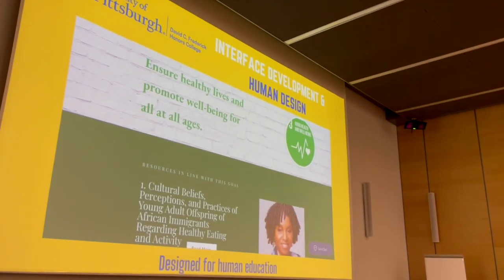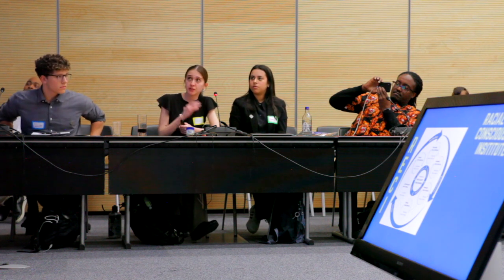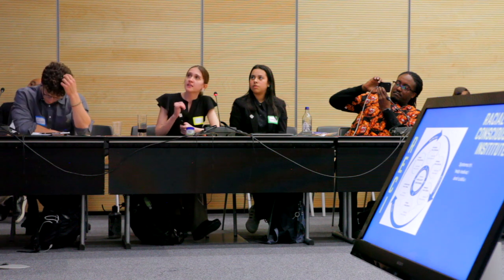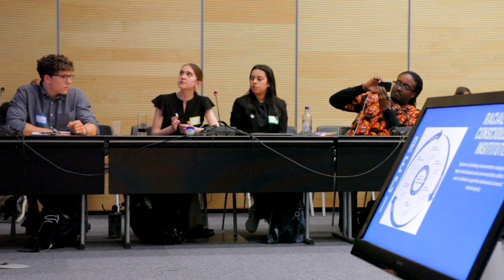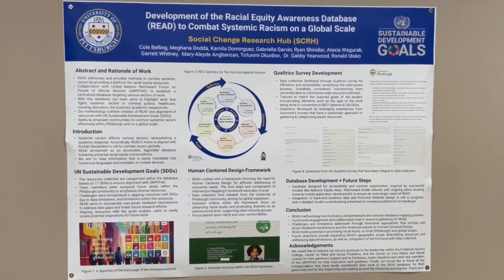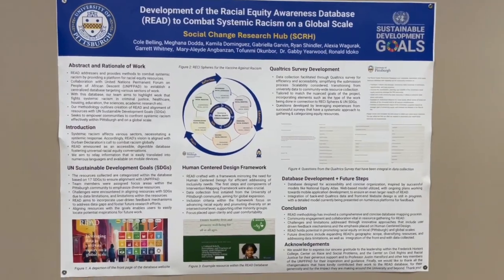Okay, and beyond the SDGs, we also use the Racial Equity Consciousness Institute framework to construct our project around as well. This was founded within the University of Pittsburgh. And the idea of this framework is based around cognitive behavioral therapy, and it's a systems thinking intervention designed to help individuals and communities reflect and cultivate cognitive behaviors towards racial equity.